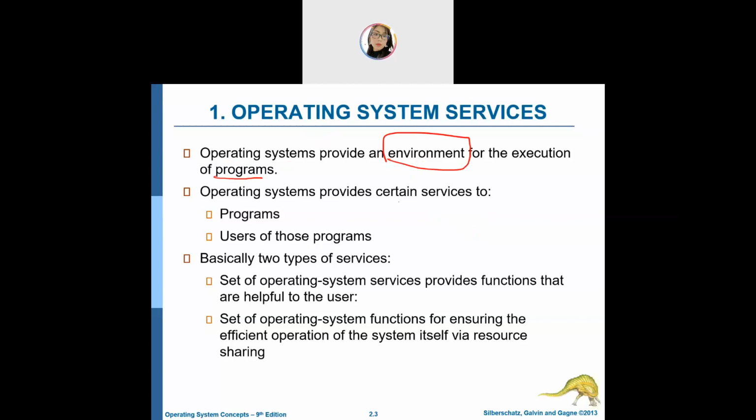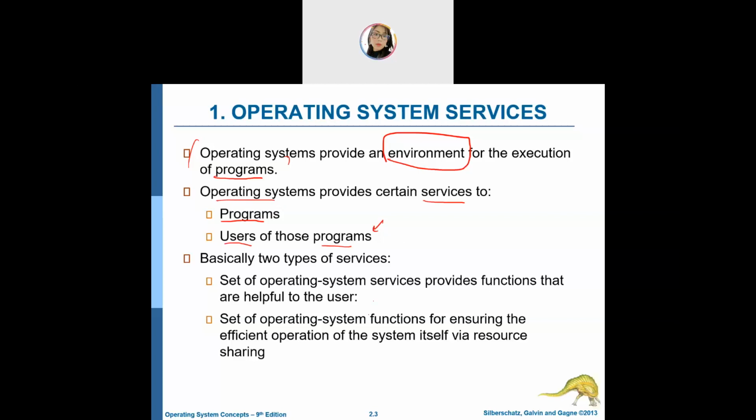Operating system provides certain services, including, this is the main one, the program itself, program application, and also the user. For those programs, if you are a programmer, you want to do some things that you need an operating system.